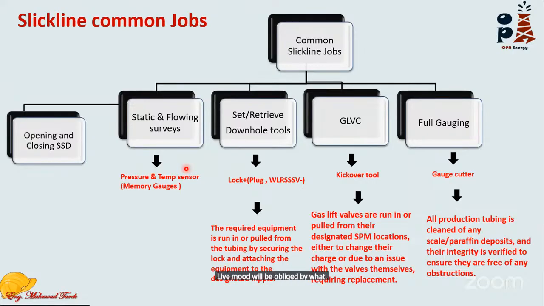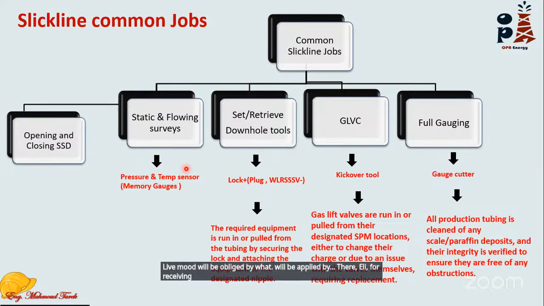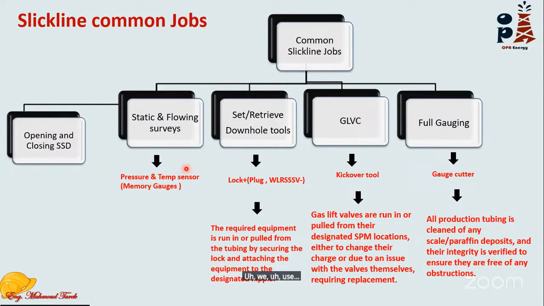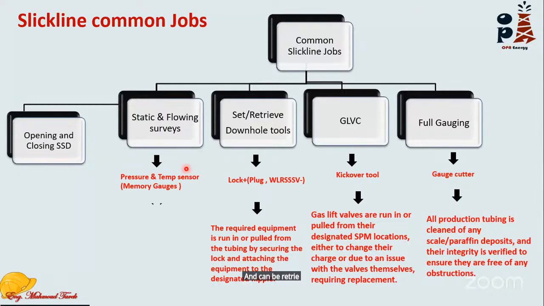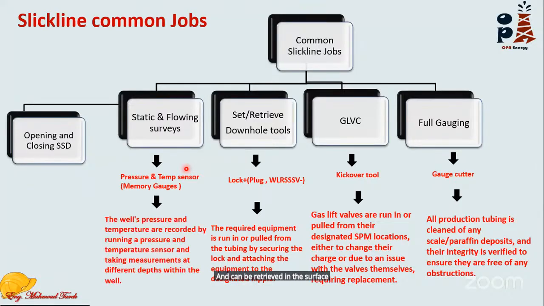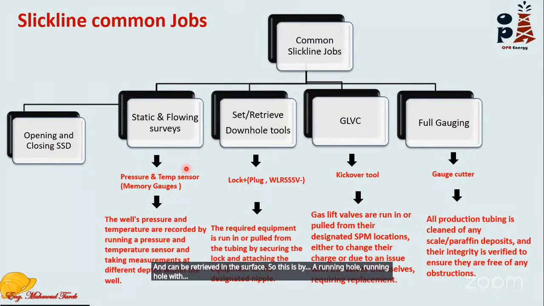By the E-line, for receiving the live data during the job. But in the memory mode, we use the Slickline, because all the data are recorded on the memory card and can be retrieved at the surface. So this is by running in hole with memory gauges.